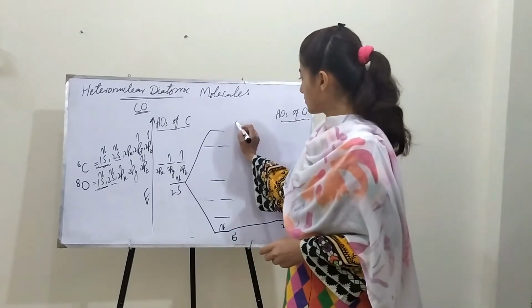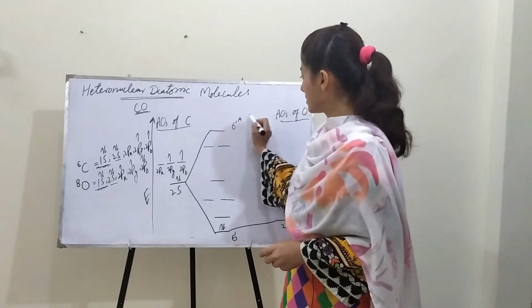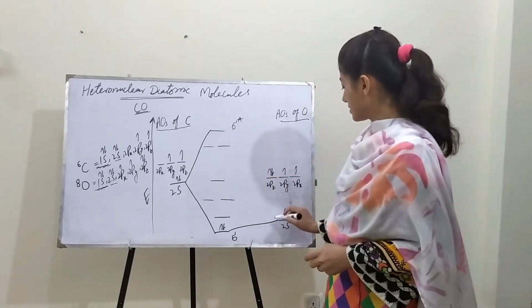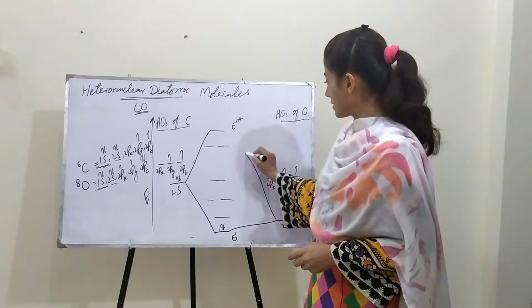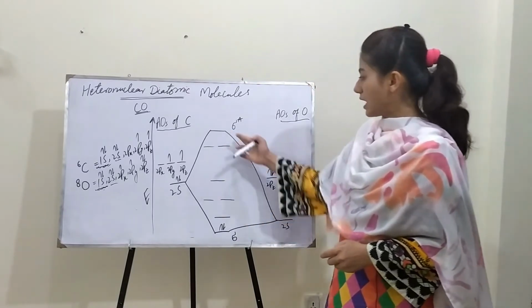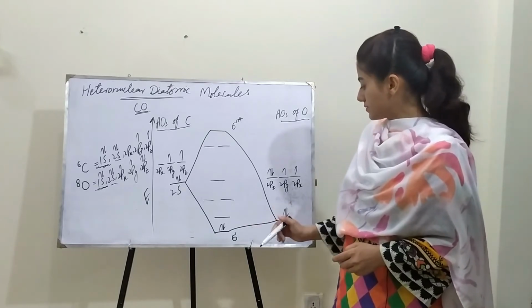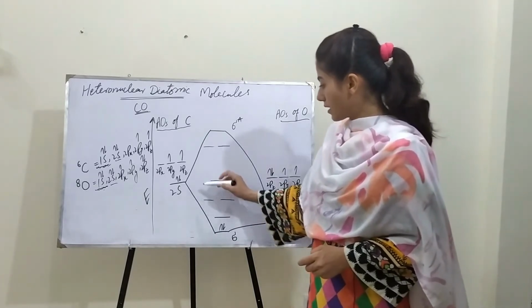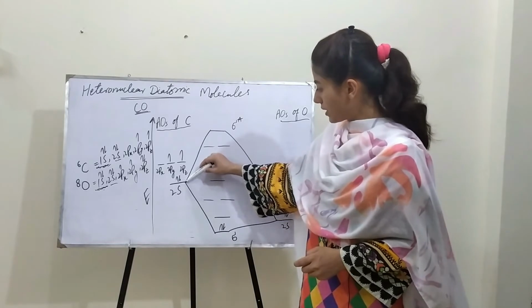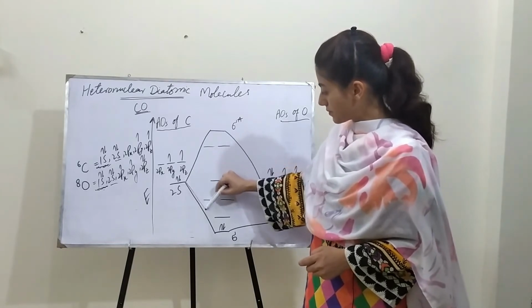And in the case of this sigma star, it is empty because here it also forms one non-bonding orbital.